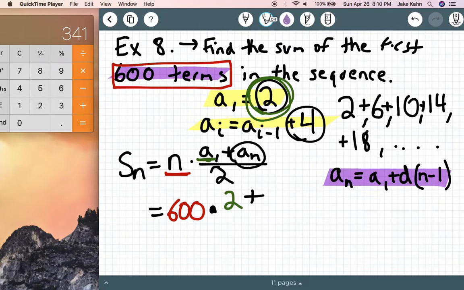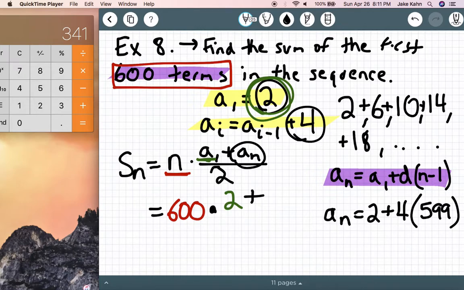So if we were wondering what is the last term in this sequence, meaning what is the 600th term, that means AN will equal A1, which is 2, plus D, which is 4, we're adding 4 in between each, times 600 minus 1, which is 599.